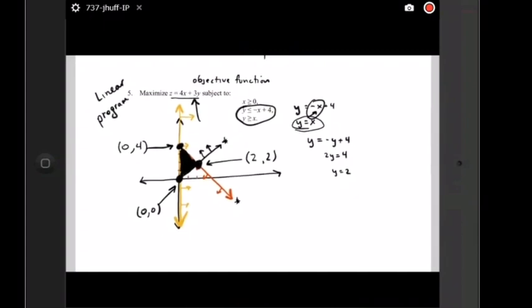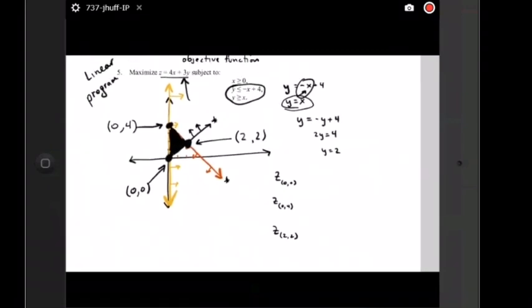So once we have all the coordinates of the feasible region, then we have to find the value of z for each of those coordinates. So I need z for 0, 0, for 0, 4, and for 2, 2, to see which one's going to give me the biggest value. So the first time around for 0, 0, I get 4 times 0 plus 3 times 0, which is 0. I'm just plugging it in right here to the objective function.